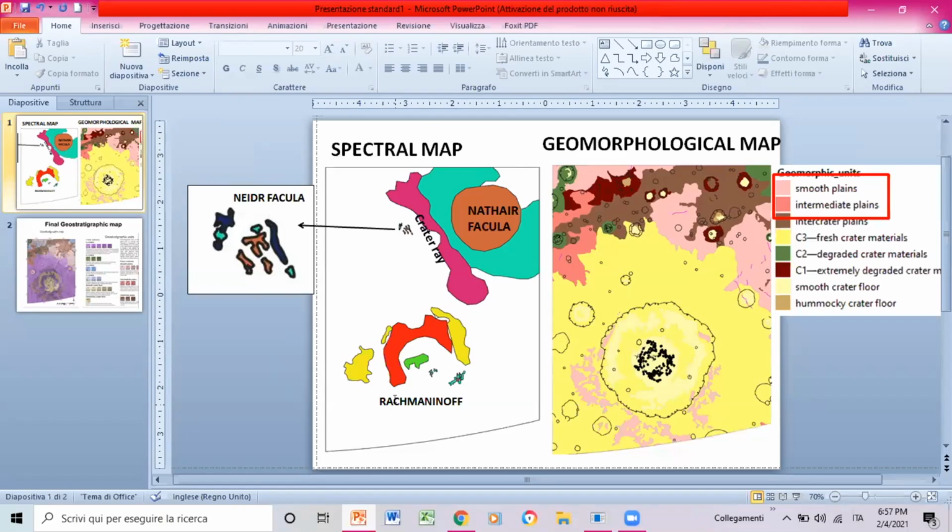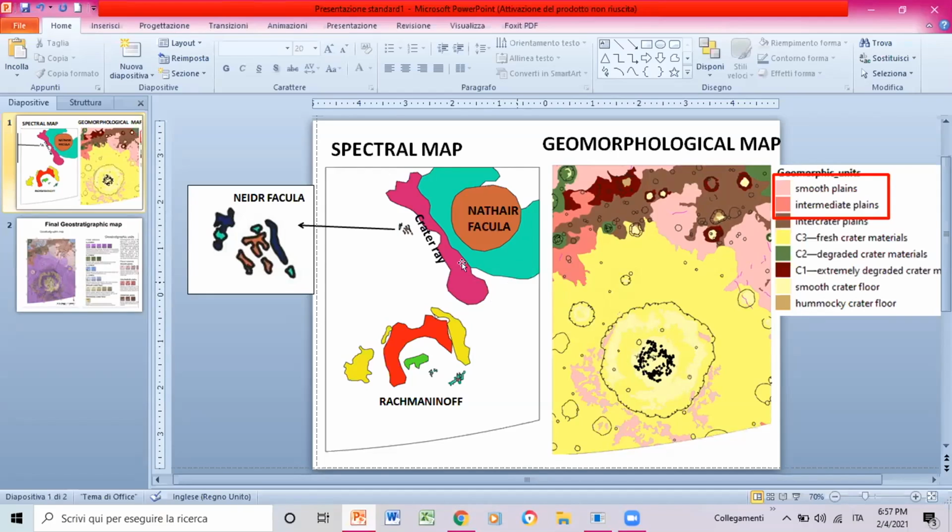For example, this is the crater ray of another crater, I don't remember the name. And we can have the geomorphological map, which is not shown here. So very simply, we can say that we don't always have a correspondence of the spectral data with the geomorphological units, as all of you just said.